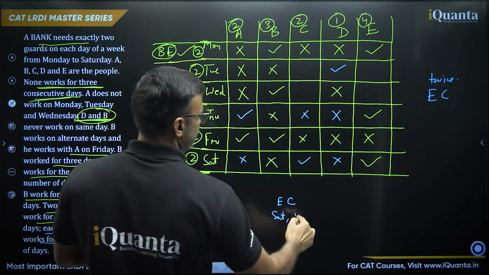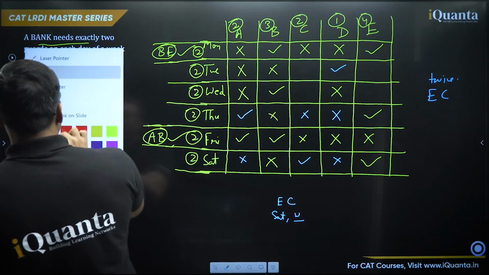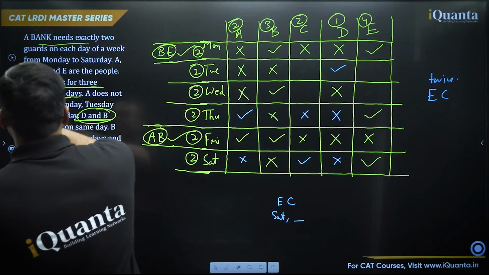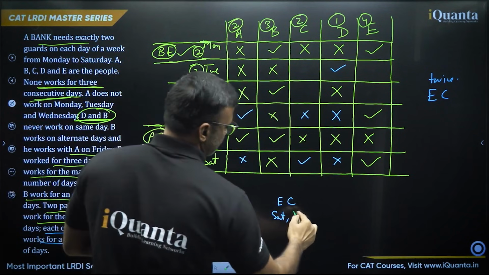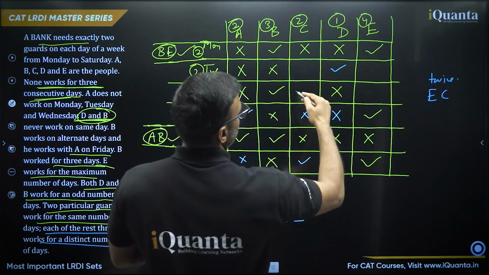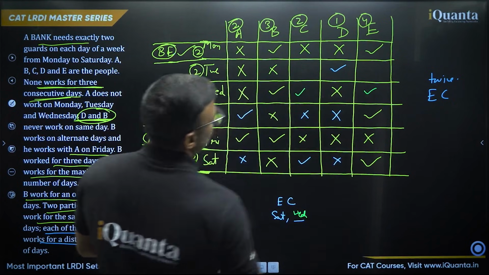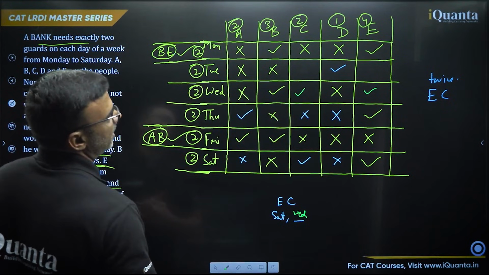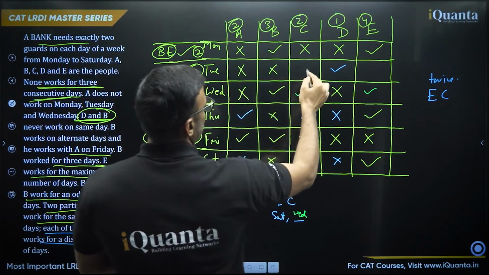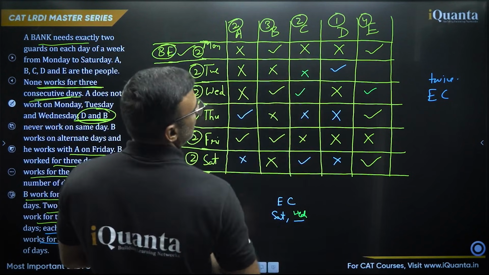If I take Wednesday, we have to check one by one, there is no other choice. Be very careful, okay? You cannot do it in the air. So Wednesday, if I take Wednesday, E and C working together. So what happens now? Carefully check it. C cannot work on Tuesday because his 2 days are complete.